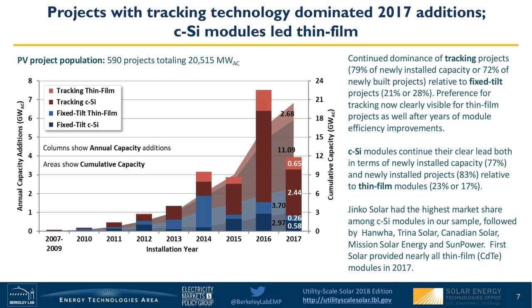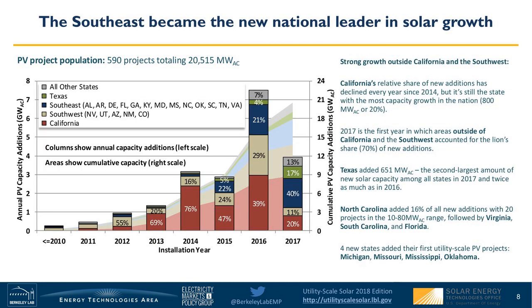One area which, of course, many people are interested in is the addition of storage to utility scale PV projects. In our sample, we've not really had a whole lot of those, still primarily in the planning phase or among new projects that are going to come online in the year 2018 and further on. And Mark will dive into that later a little bit more.